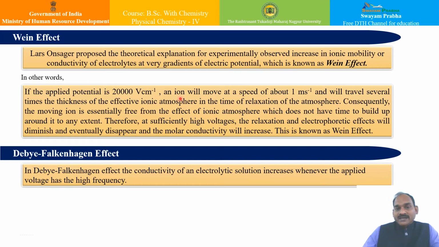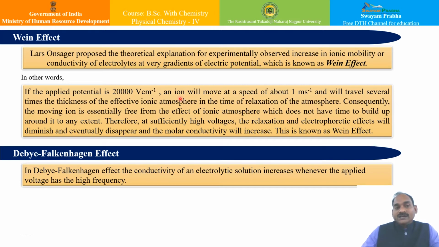Now what happens exactly in the asymmetric effect? In the asymmetry effect, the ion moves and there is a drag from the ionic atmosphere. Since no ionic atmosphere is formed, there is no retardation to the ionic motion. Due to this, the asymmetric effect, which is present because of the ionic atmosphere, disappears, and that results in an increase in conductance.